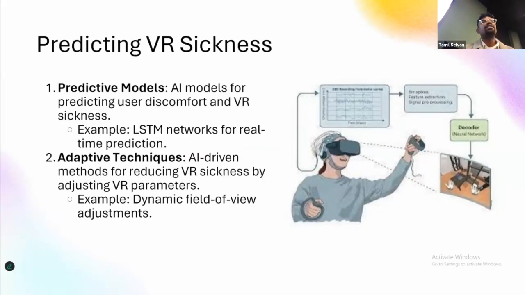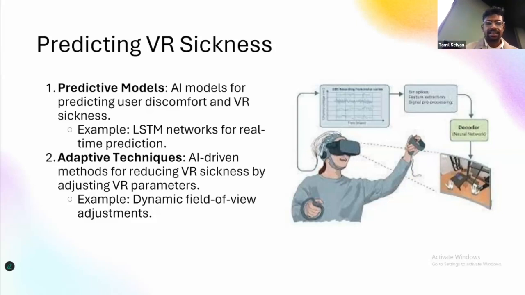The predictive models are, I wouldn't say traditional, but classical machine learning models, where we collect their EEG or other input. It can be anything, basically physiological signals or behavioral signals from the IMU, and train a model to predict their VR sickness, so that it can dynamically adapt its view.